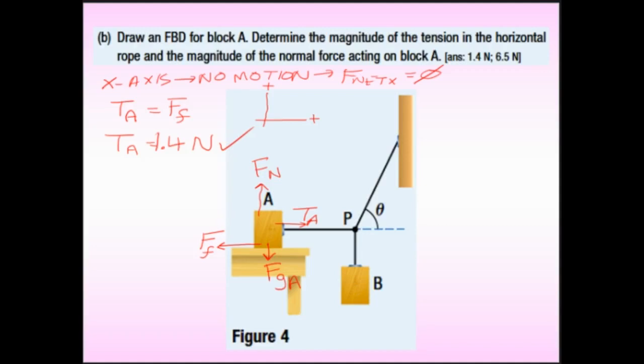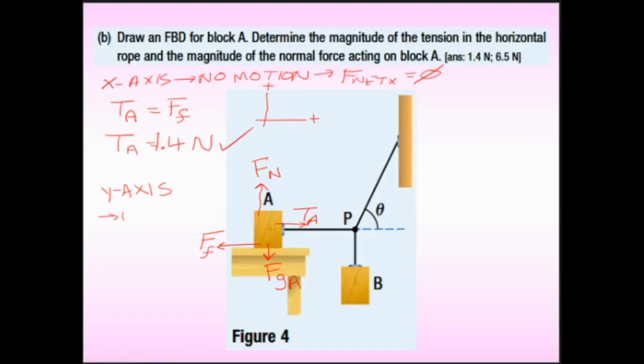Okay. Let's do the exact same thing for the y-axis. I don't have space, so I'm just going to go below. Y-axis. No motion. Which also means what? F net on the y equals 0. So what is equal to what?